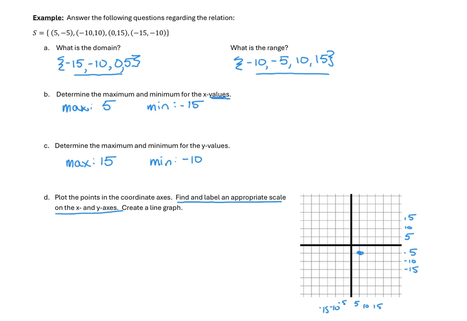The next point we have is -10, 10. So that tells me I want to go 10 to the left. So remember, each one of these tick marks is 5. So we're going to go 5, 10. And then I want to go 10 up, which is 5 and 10. So this is where my point will end up here.